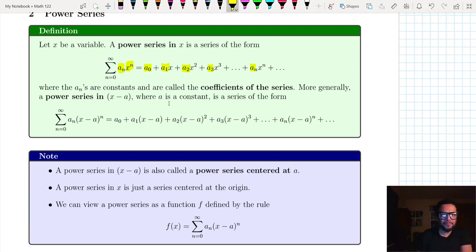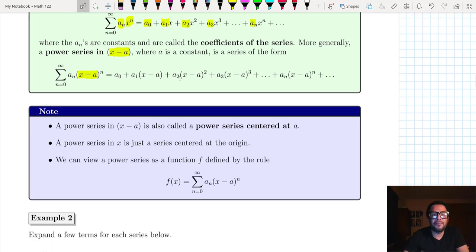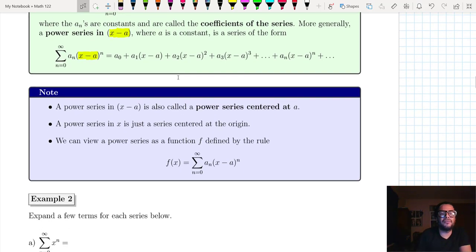But in a more general form, we are going to have series that are centered at a. We're going to talk about this centering at this other point, so you will see later as we go over the different examples. Let's define that. When you see a series that has x minus a, we say that the power series is centered at a.